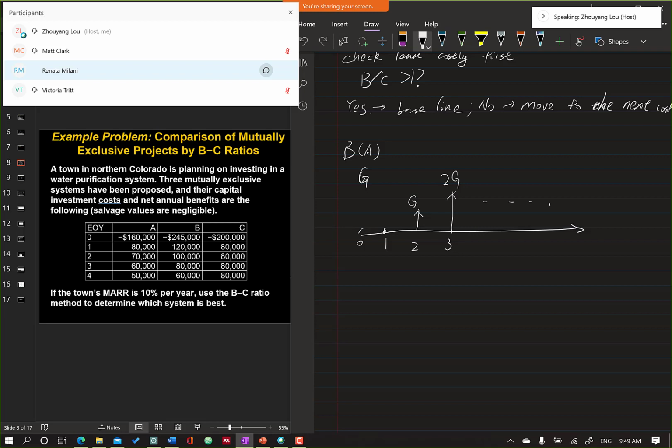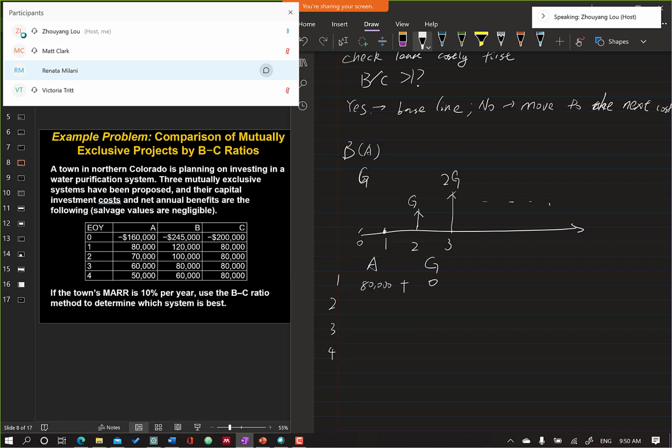A very straightforward way is to set this up as 2 parts: the annuity plus the uniform gradient. The first part is the annuity from the first year all the way to the 4th year. For the first year that would be 80,000, because the first year of the uniform gradient should be 0, so 80,000 plus 0.